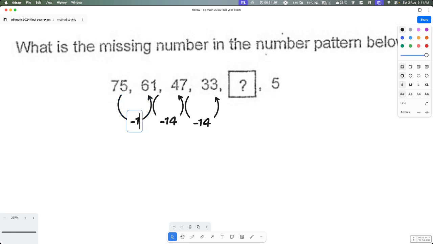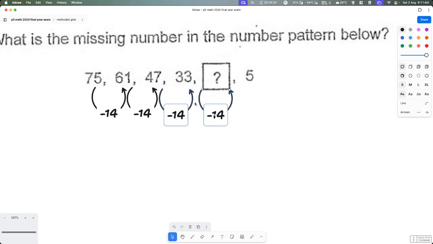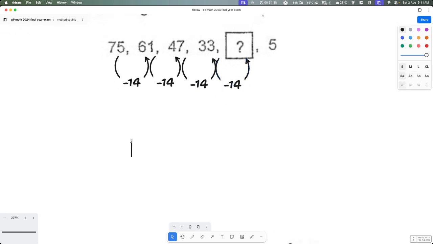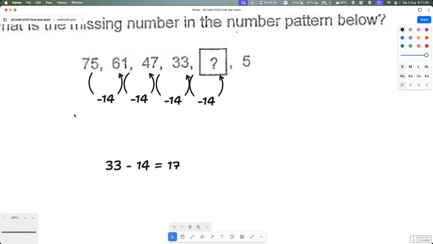So minus 14, minus 14, minus 14. Over here, what should we minus? 33 minus 14, this will give us 19. Sorry, it's not 17, it's 19.